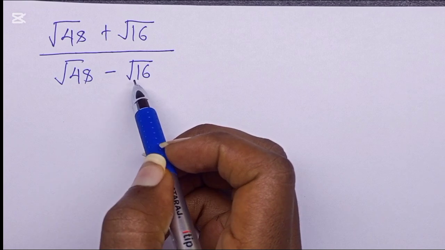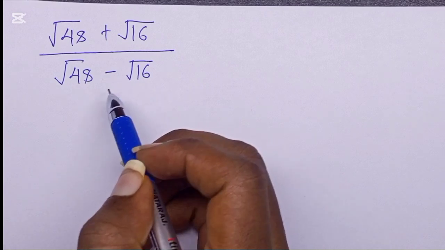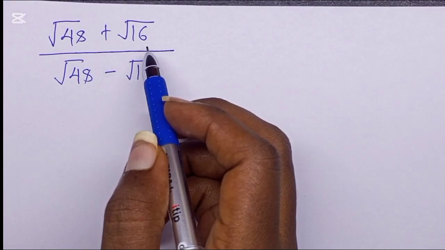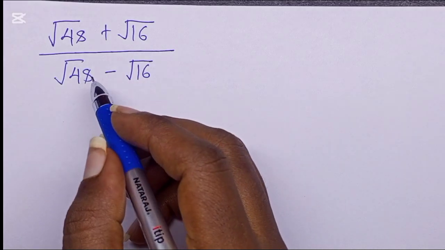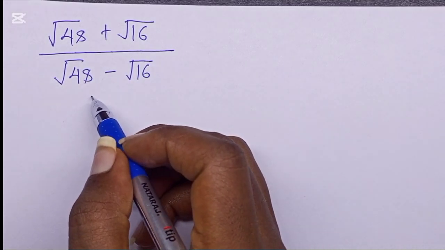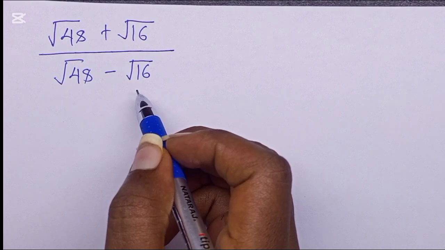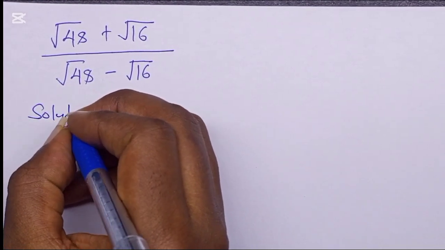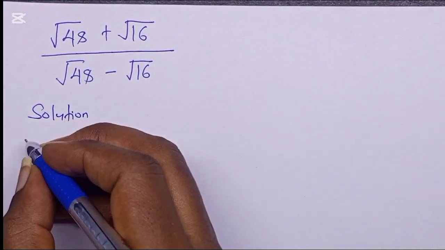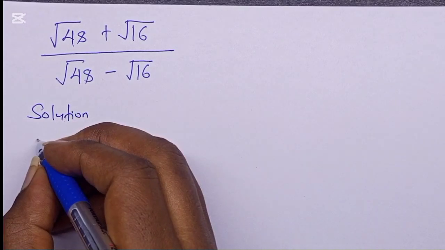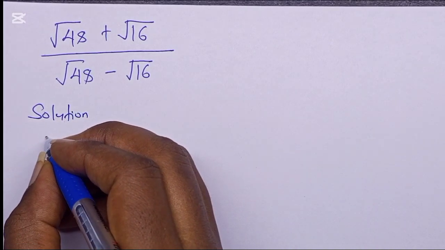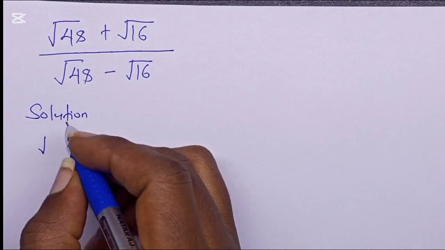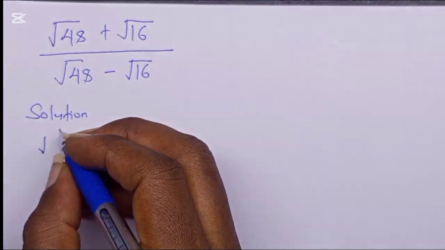So we've been given this expression here and they want us to simplify it. We have root of 48 plus root of 16, divided by root of 48 minus root of 16. So solution, we shall have root of 48. 48 is the same as 3 times 16.